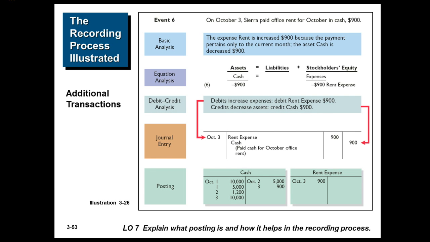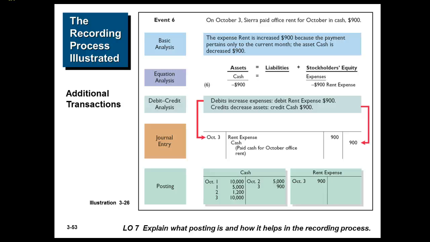Here's another transaction. Sierra paid office rent for $900. Well, when they pay that office rent, cash is decreased. We're using up cash, and our rent expense is increasing. Our rent is increasing. It's ultimately reducing our stockholders' equity section.